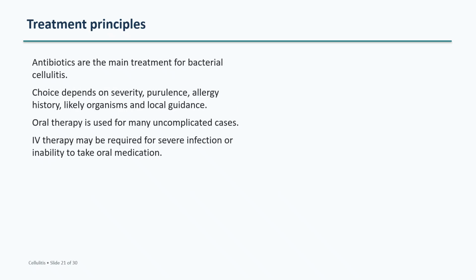Now, here we will see what are the main treatment principles to treat the individual suffering with cellulitis. Antibiotics are the main treatment for bacterial infections and bacterial cellulitis. As we know, the main causing organism for cellulitis is Streptococci bacteria. So, antibiotics are the main principal treatment given to the patients who are suffering with the disease.